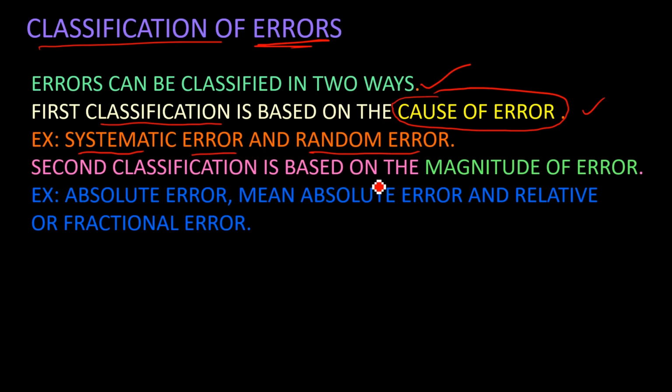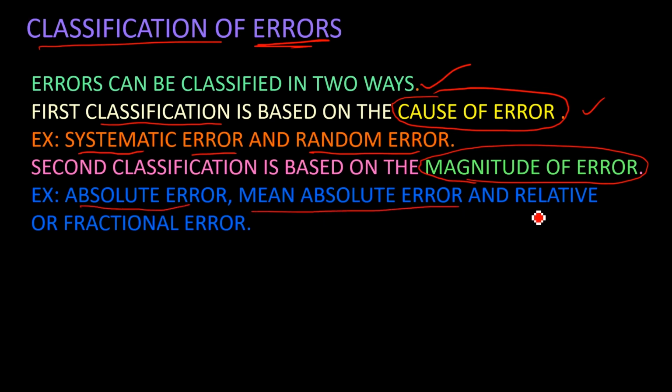The second classification is based on magnitude of the error. Second classification is based on what? Magnitude of error. Very good. Examples: absolute error, mean absolute error, and relative or fractional error. So how many ways are these errors classified?